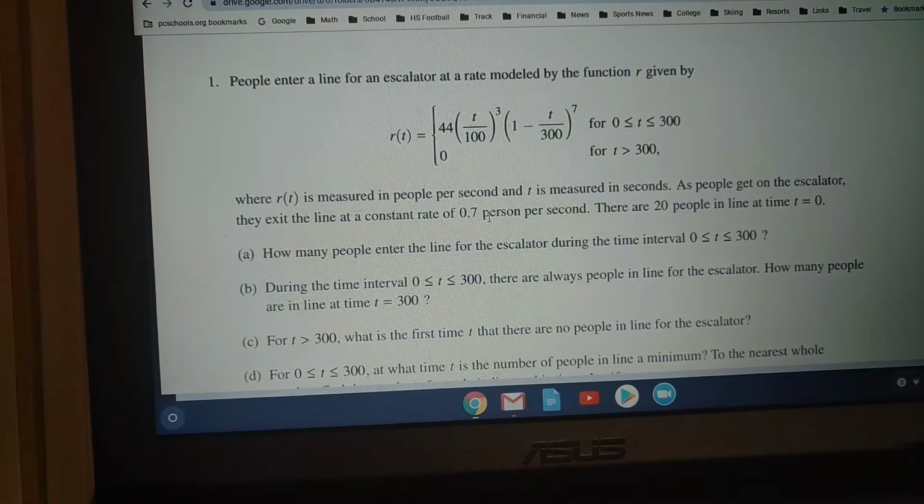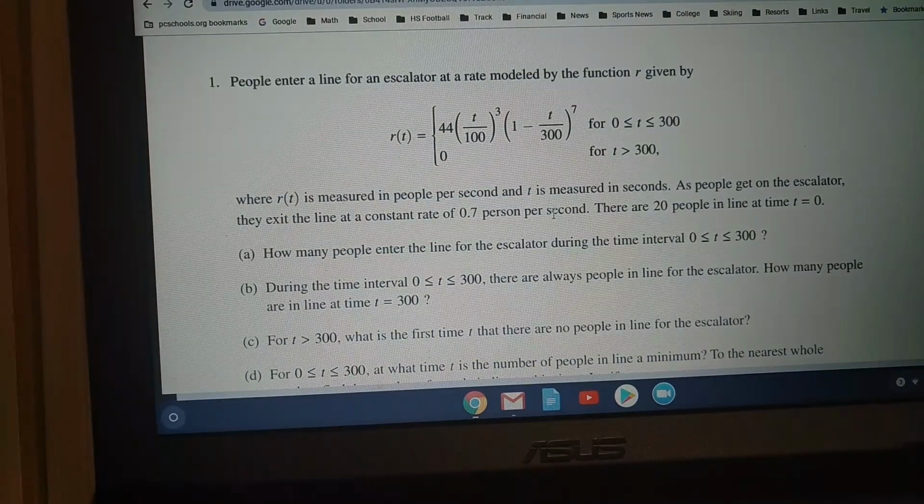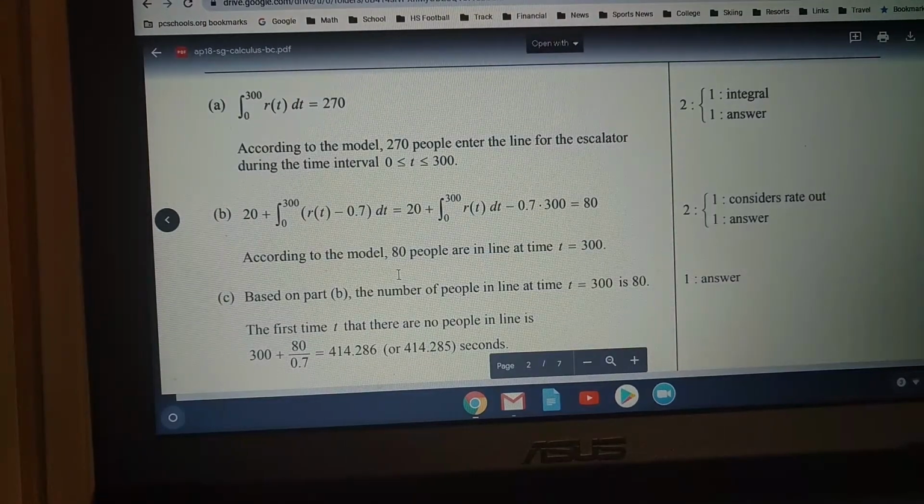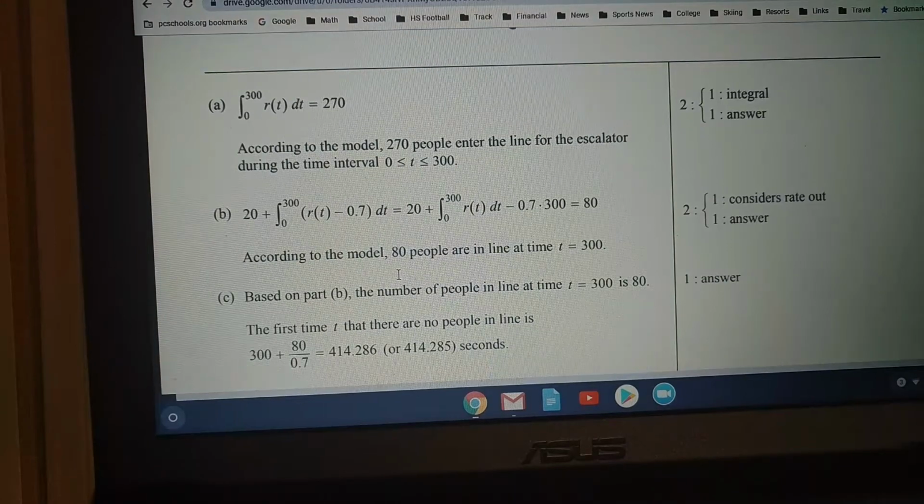Notice that is a rate, person per second. When we look at grading part B, if you consider rate out, so we see that here and you're subtracting this 0.7, that's part of the rate. If you can see evidence that you considered that it's not just rate in but rate out, you get a point. That's a soft point, pretty easy one.